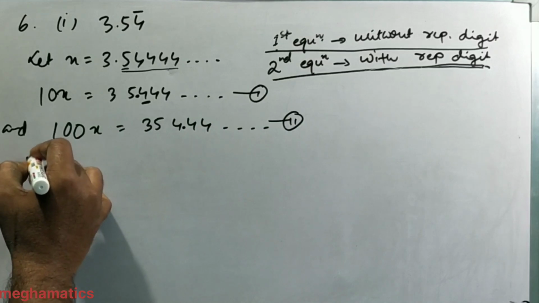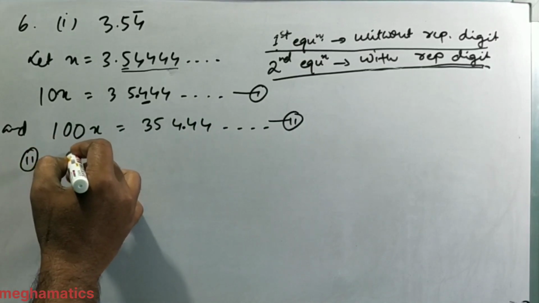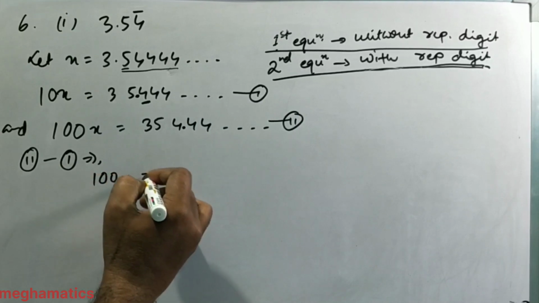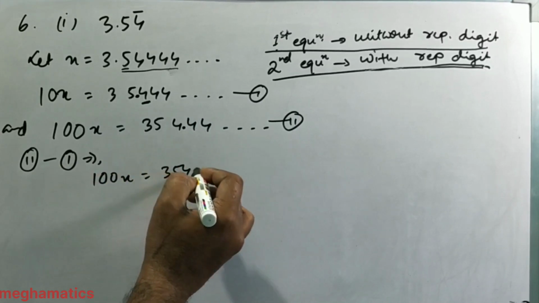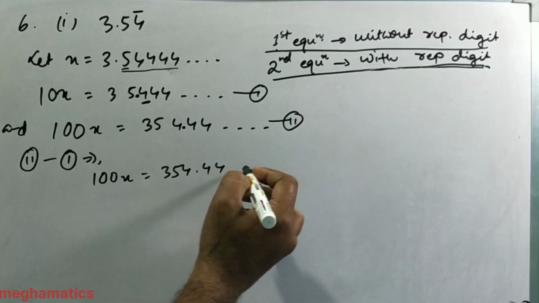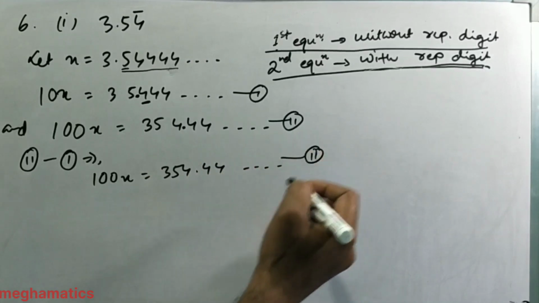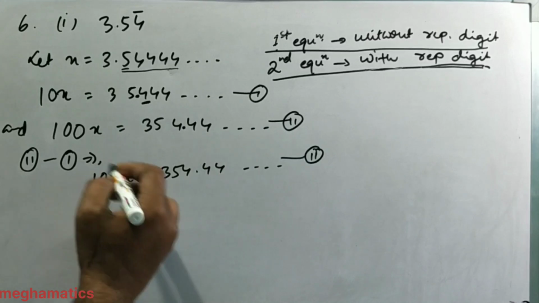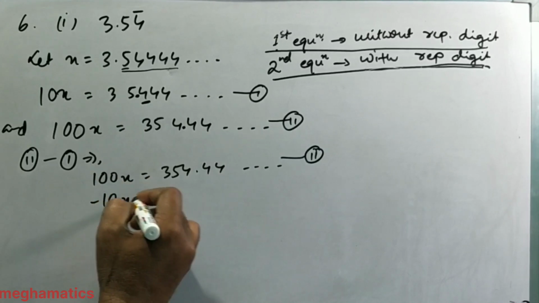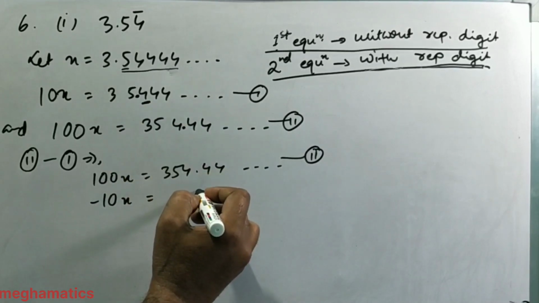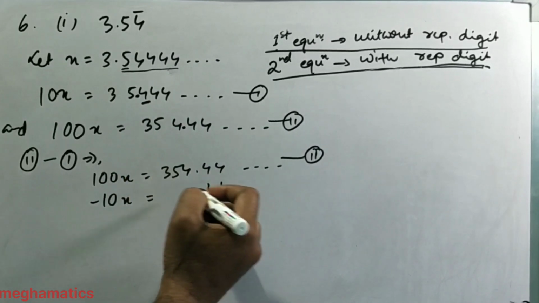And if we subtract equation number 1 from equation number 2, we get 100x is equal to 354.44. This is equation number 2. Then minus equation number 1, 10x is equal to 35.44, with the point exactly below the point.